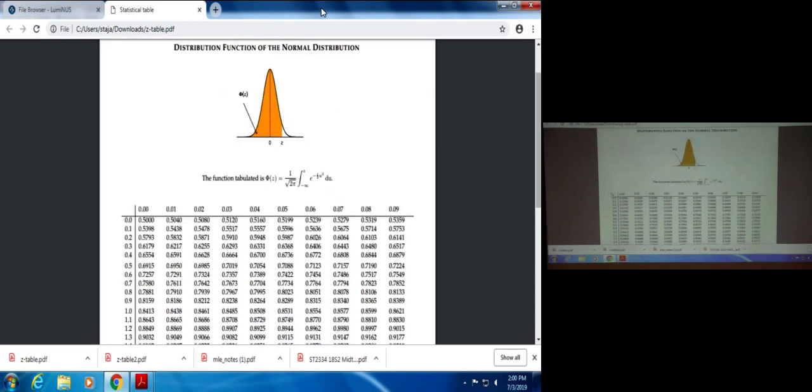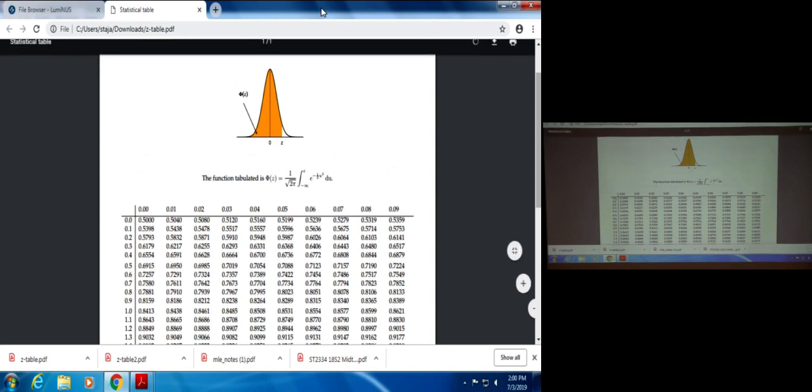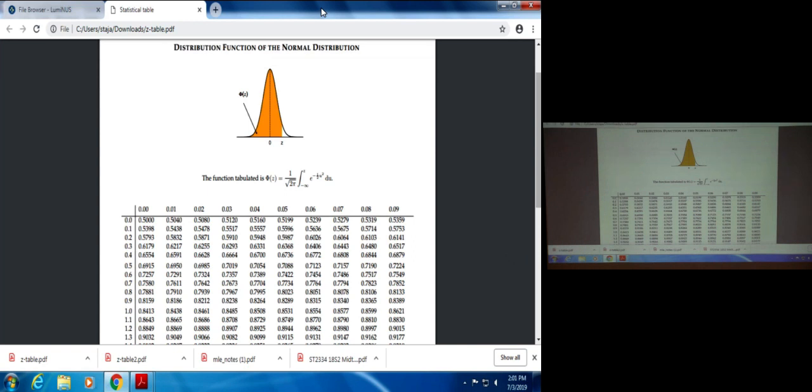So for example, if you give me the value z, which is 0 for the standard Gaussian, then the probability that you're less than or equal to 0 is 0.5.